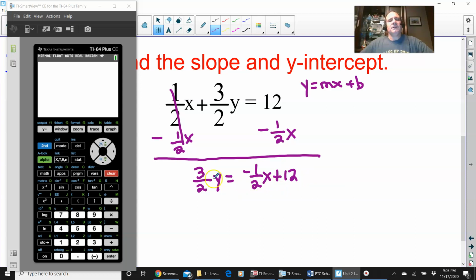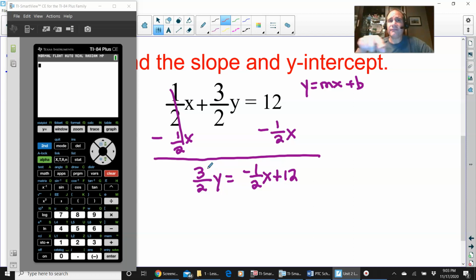All right. So now we come to the point where you can either divide by 3 over 2 or multiply by the reciprocal. What I want to tell you is that in 9th grade, the professor is always going to show you to multiply by that reciprocal.